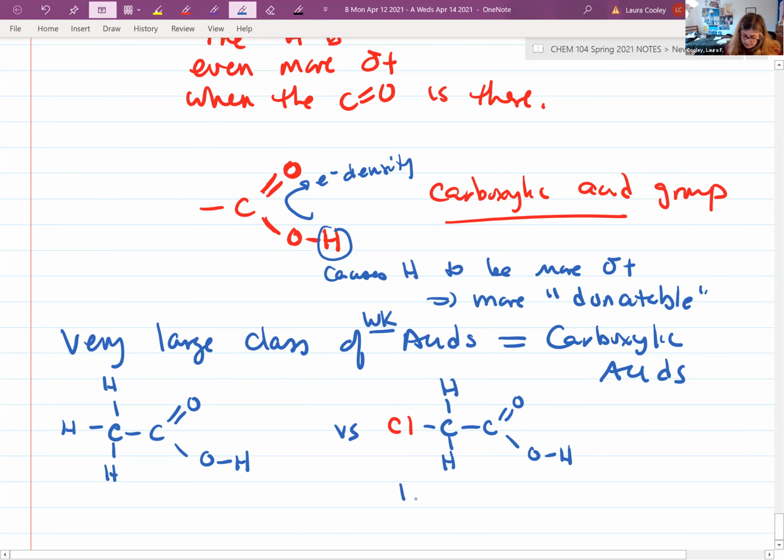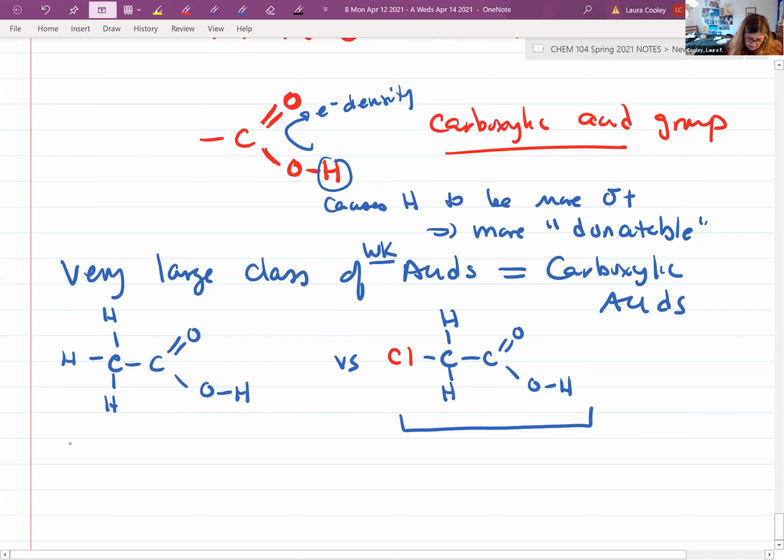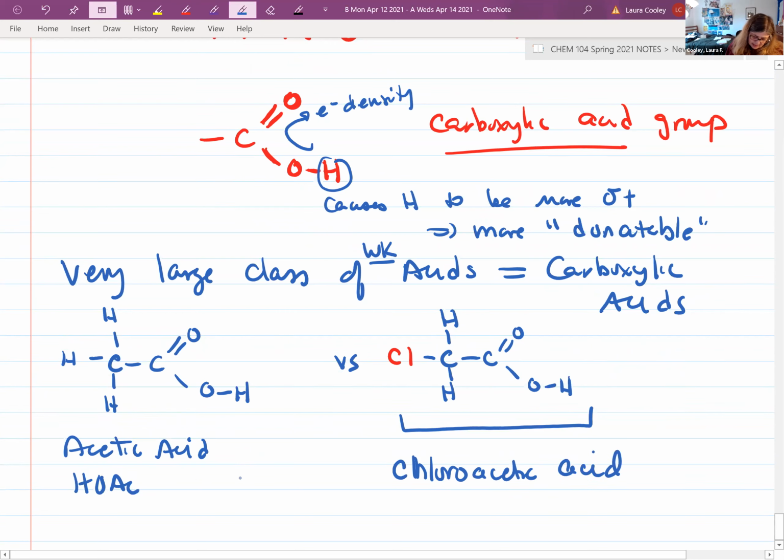Anybody remember what this acid's name was? This was from the dilutions lab. We measured the pH of a sample of chloroacetic acid. This we call HOAc.